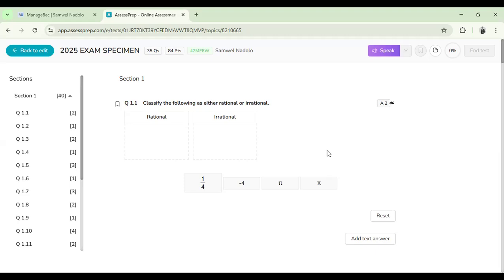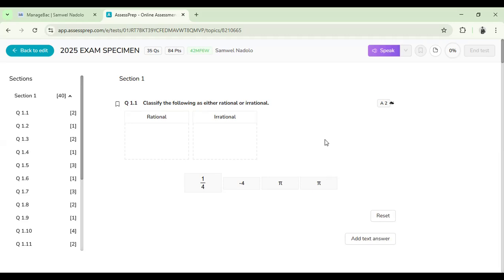So to the first question, classify the following as either rational or irrational. All right, so rational numbers can be expressed in terms of a fraction, in the form A over B. For example, if you have 2, it is the same as 2 over 1.